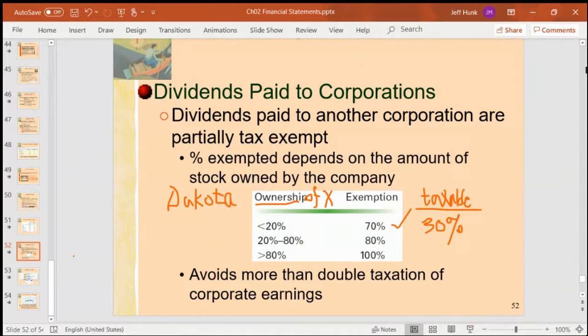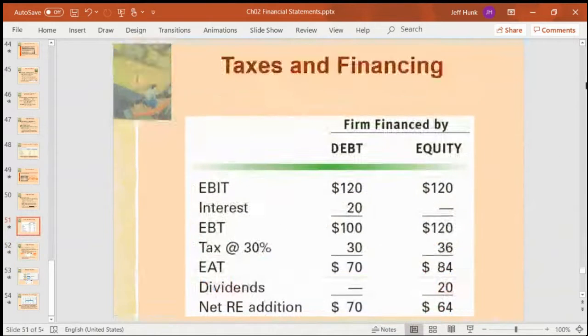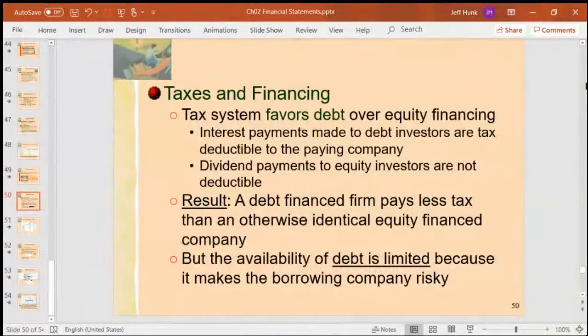So then our question is, we did this mainly from the corporate perspective, not from the individual's perspective, because this is part of the corporate finance course, right?